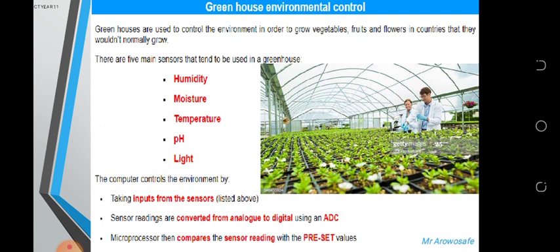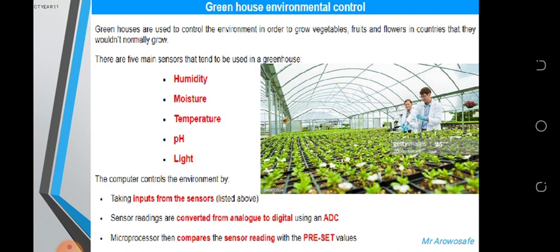Another example of a moisture sensor is the soil moisture sensor. The soil moisture sensor is used to measure the volumetric water content of soil.